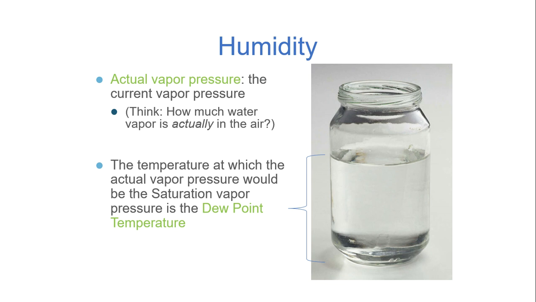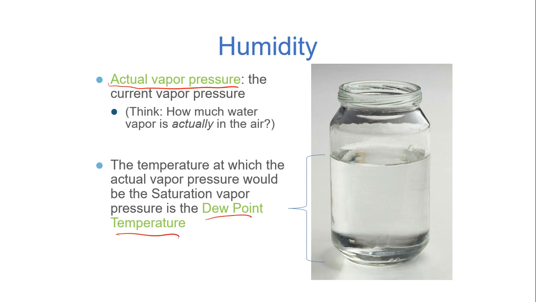Now, how much we can hold is not the same as how much we actually have. It's like taking a jar and filling it only part way. We still have a capacity to fill a quart, but we only have a cup or 3 cups of water in the jar. So how much water is actually in the jar would be your actual amount of water. The amount of water vapor actually in the air is our actual vapor pressure. Now, this number we can determine by what we call the dew point temperature.